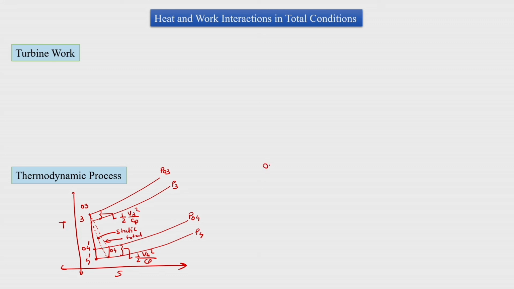So let us say 03 to 04 dash is ideal isentropic expansion in terms of stagnation quantities.